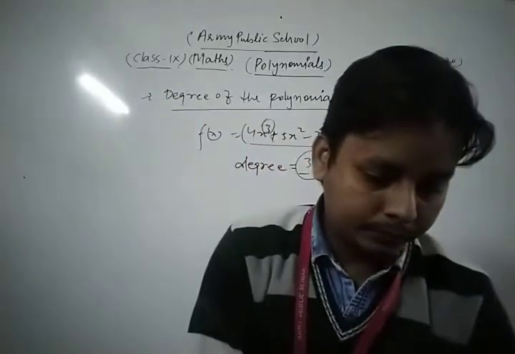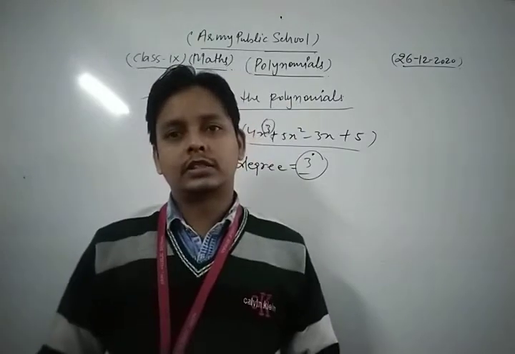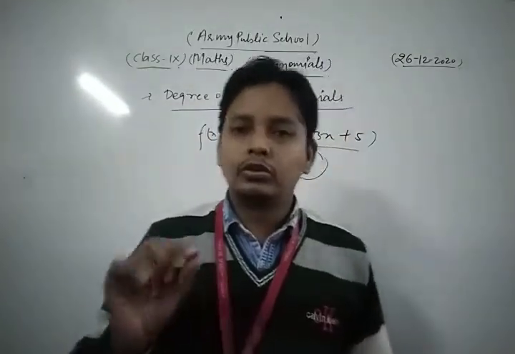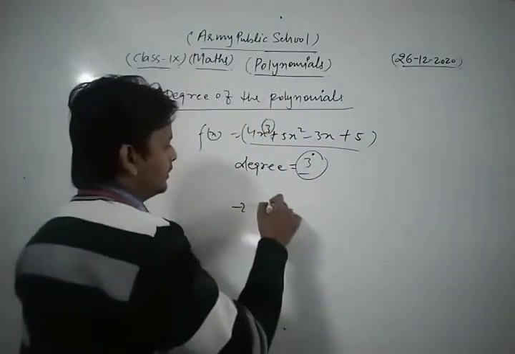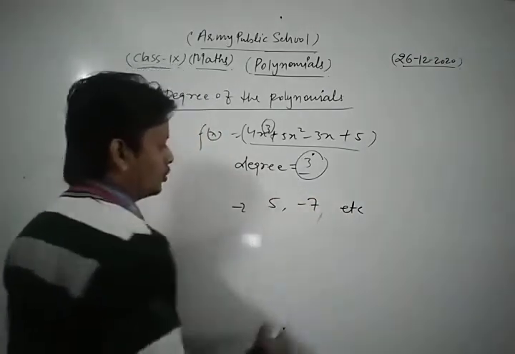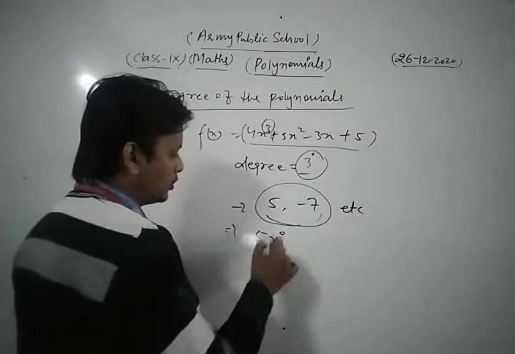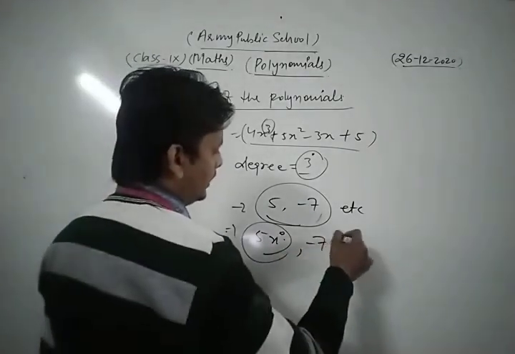Okay, now we discuss the constant polynomial. What is the concept of a constant polynomial? Dear students, it is a polynomial of degree 0. Suppose we write a polynomial such as 5 or minus 7. In both cases we can write 5 into x power 0, where x power 0 is 1, and similarly 7 x power 0.